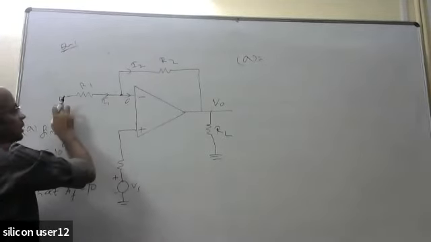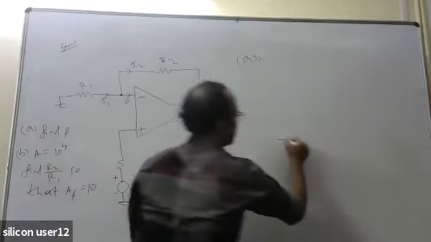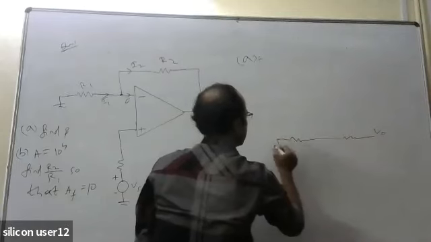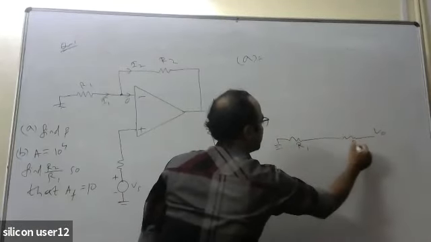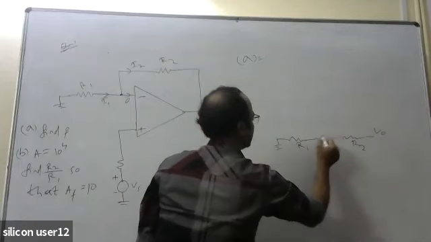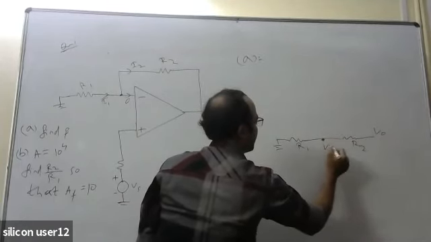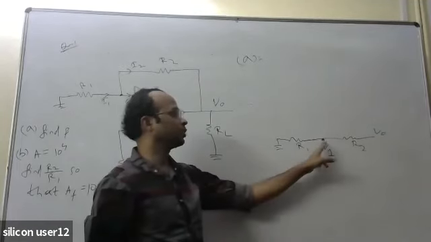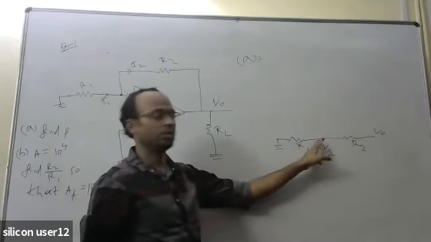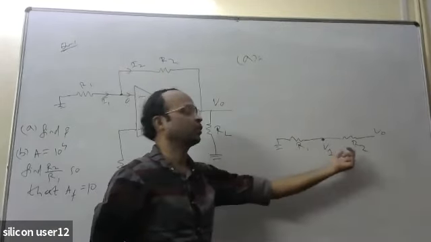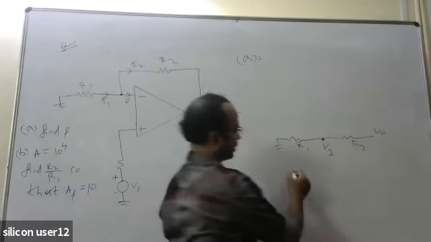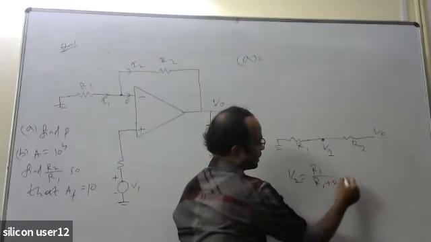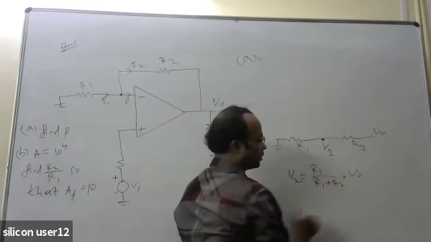So if I have two resistors like this, here the voltage is V0, this one is grounded, R1, R2, and this voltage, let us say, is V1. How can you calculate this V1? You can apply the voltage division rule: V1 equals R1 by R1 plus R2 into V0.